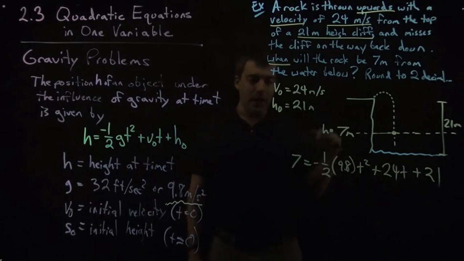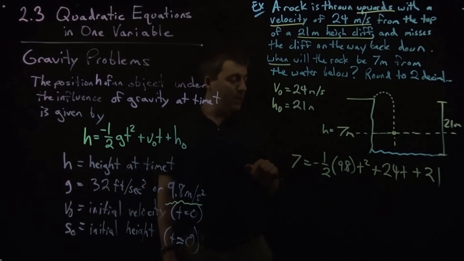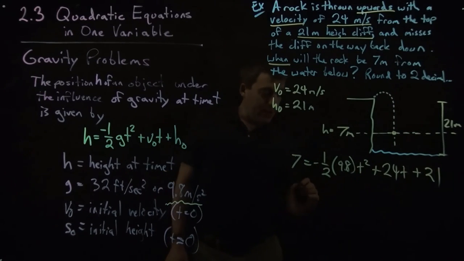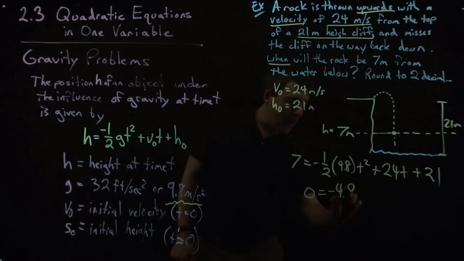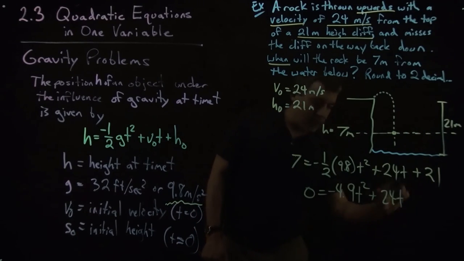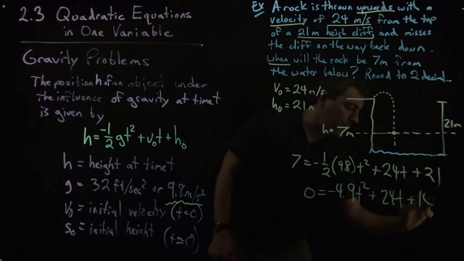So this is a quadratic equation, single variable, and we can usually solve that using the quadratic formula. So here we're going to subtract the 7. We get 0 equals, if we combine this, negative 4.9 t squared plus 24t plus 14.